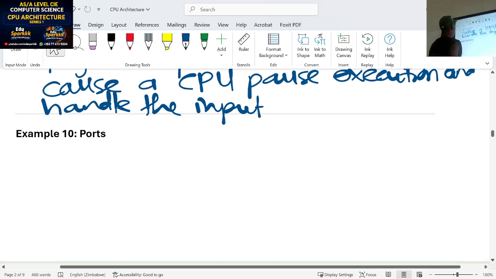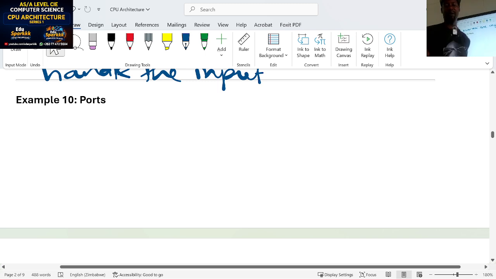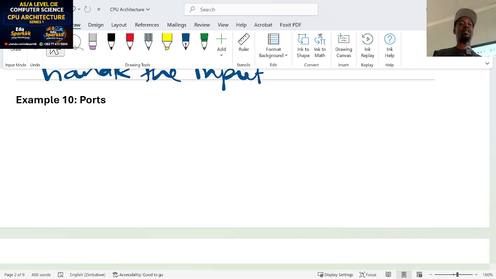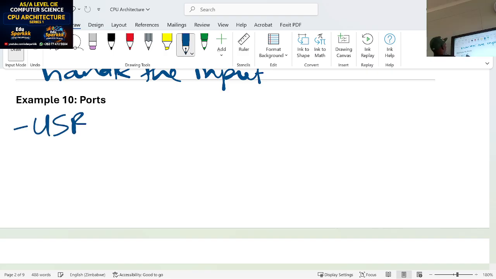Right. Last is ports, and when we talk of ports, we have got a number of them. We have network ports, USB ports, you name them. So one that's of interest, let's talk of a USB port.